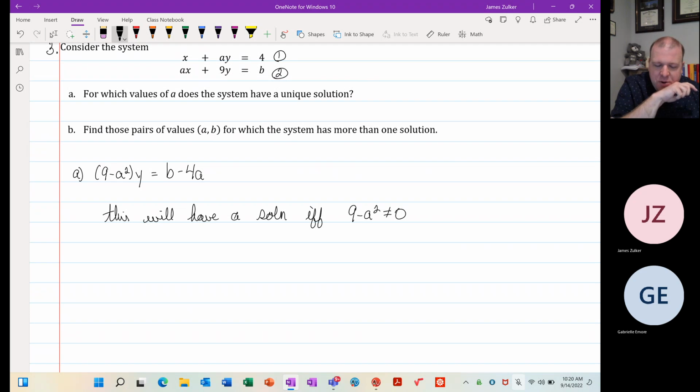Right? Because then we could just divide both sides by 9 minus a squared. We get y equals some value. We could do backward substitution to find the specific value for x. This, of course, means that a squared cannot equal 9. Right? Or a cannot be plus or minus 3.